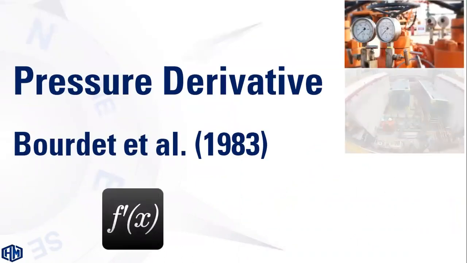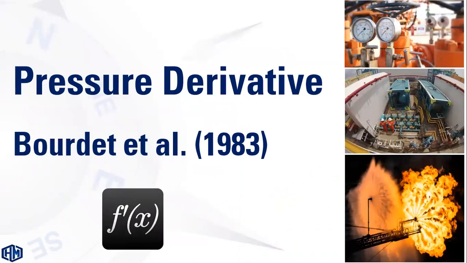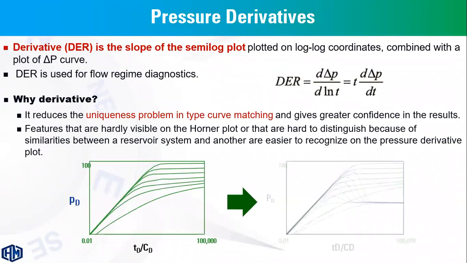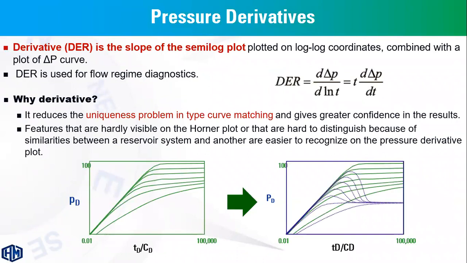Therefore, in 1983, Bourdet introduced the concept of the pressure derivative. The pressure derivative, as mentioned, is the slope of the semilog plot, plotted in log-log coordinates and combined with the delta p, or pressure difference, curve. This is the definition of the pressure derivative: t times delta p over delta t. In this case, the pressure derivative is highly important because the Gringarten type curves are very similar to each other without clear changes between them.